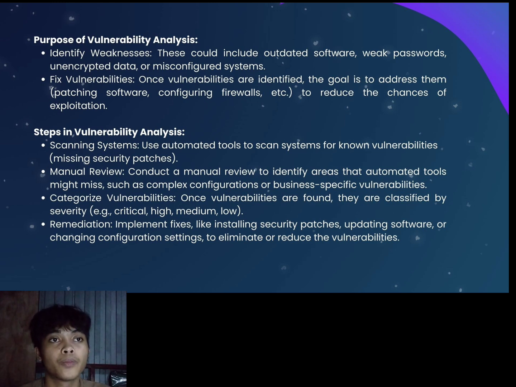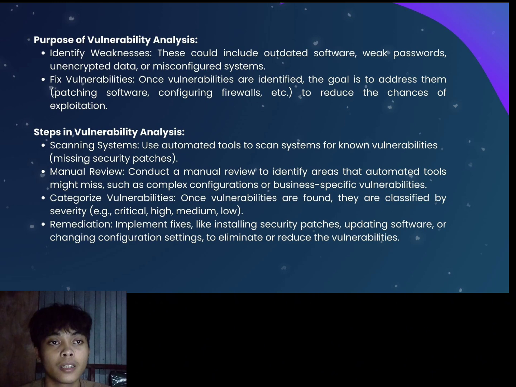So, steps in vulnerability analysis. Scanning systems. Use automated tools to scan systems for known vulnerabilities such as missing security patches. The manual review. Perform a manual review to spot vulnerabilities that automated tools might miss, such as complex configurations or organization-specific issues.